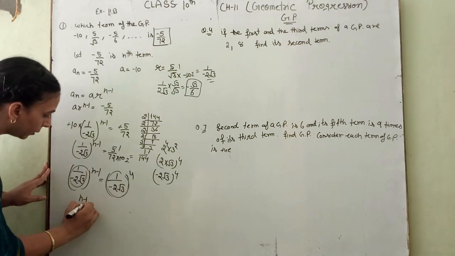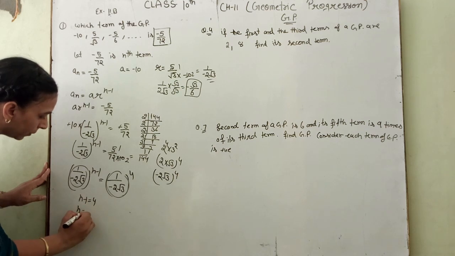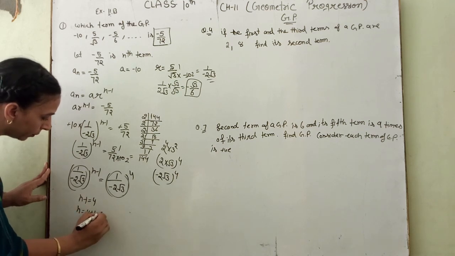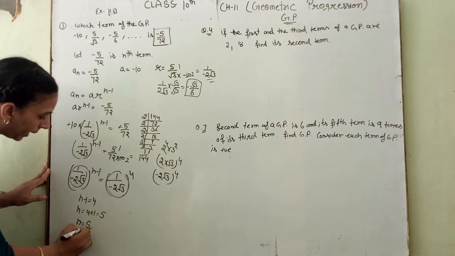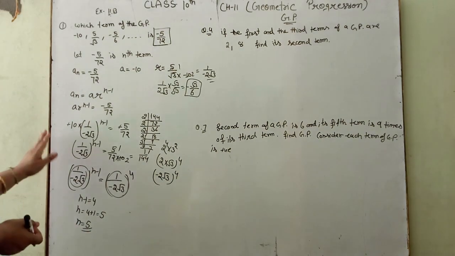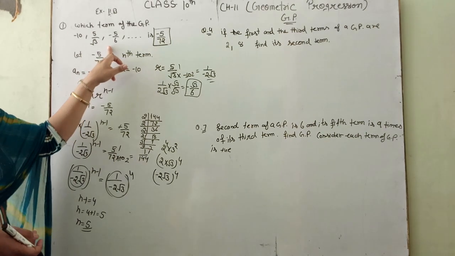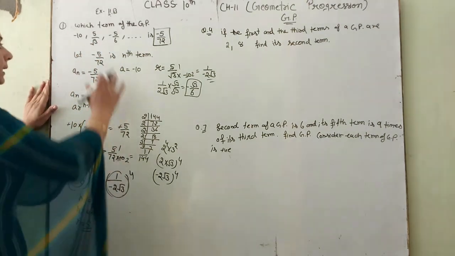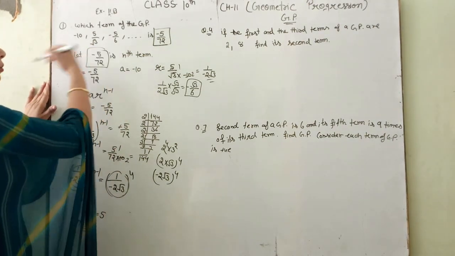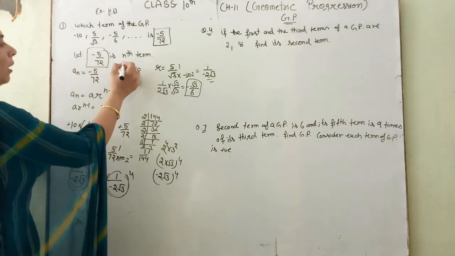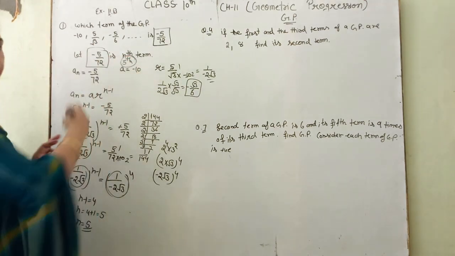Then n minus 1 equals 4, n equals 4 plus 1 equals 5. So n equals 5. This implies that minus 5 by 72 is the fifth term of this sequence.